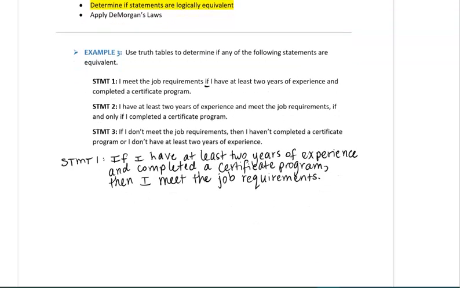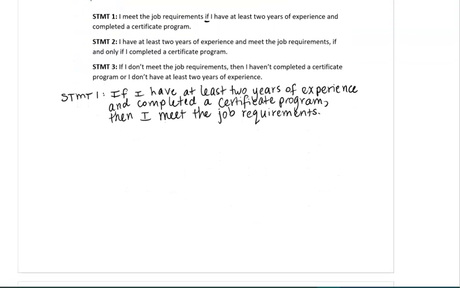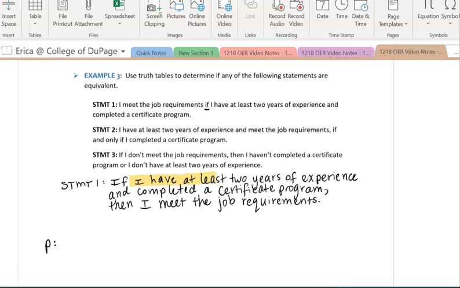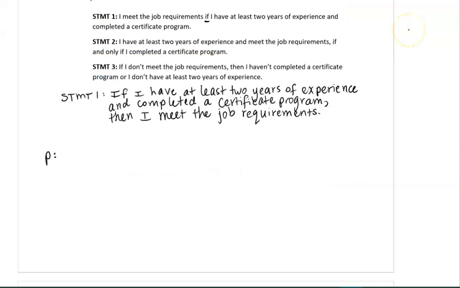I'm going to use letters to represent simple statements that are part of these statements. So I'm going to let P stand for I have at least 2 years of experience, because that's one simple idea or simple statement that is involved.